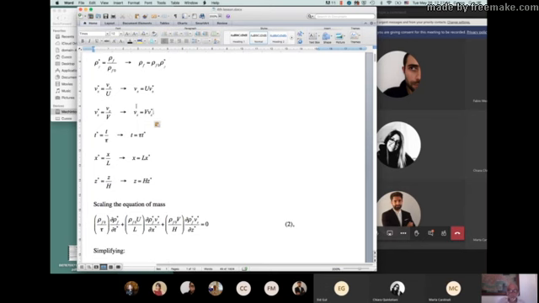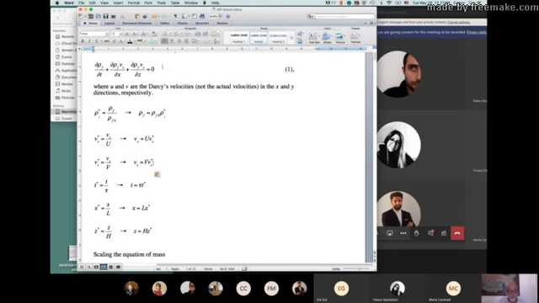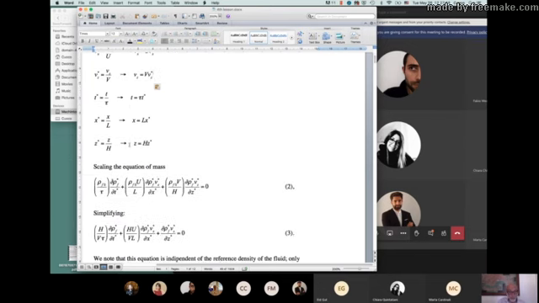Then I can substitute in my equation the dimensional variables with my dimensionless variables. And this is the equation that I get. If I look at the first term, I can see the derivative of my maximum density times my dimensionless density.